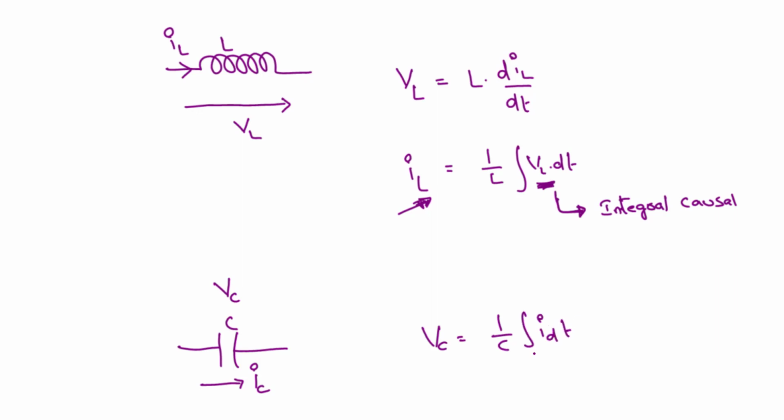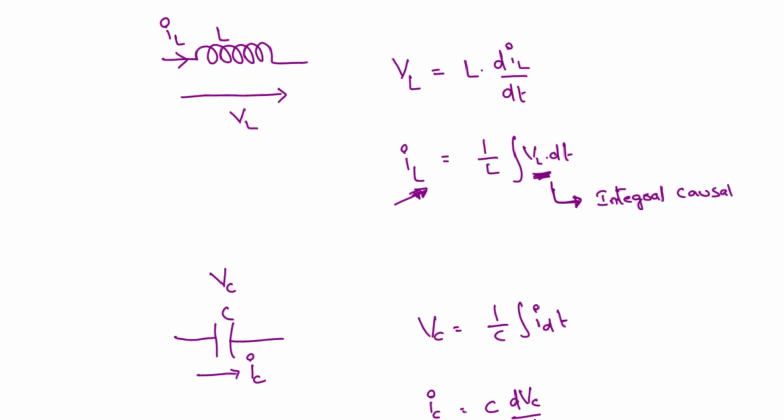Here it is the same thing. Due to the effect of current, the voltage is being developed. So again it is called integral causality. Further, I_C is equal to C dV_C by dt, which we can also write.